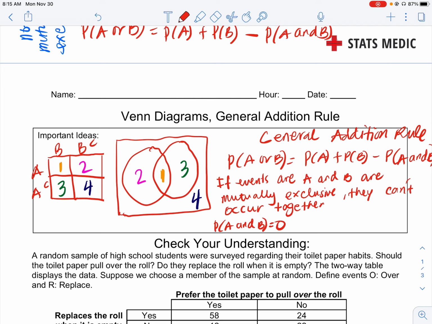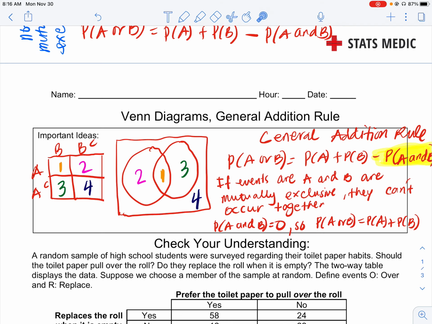And so when that happens, the formula for A or B is just P of A plus P of B. You don't have this part right here because they are mutually exclusive events. They cannot happen together. That means this formula only applies if they are not mutually exclusive events.